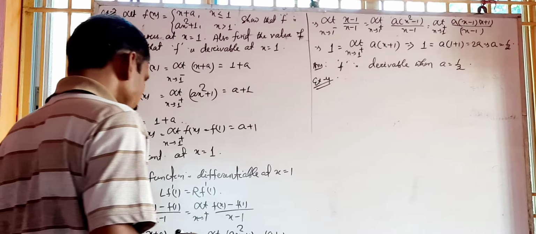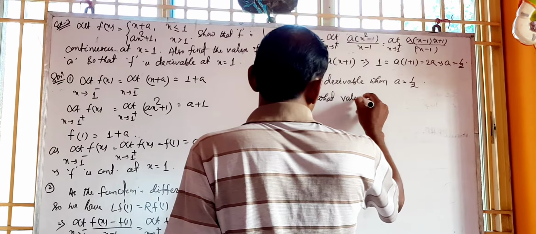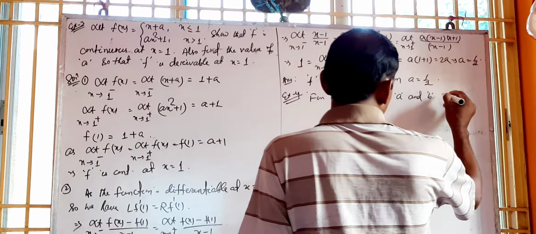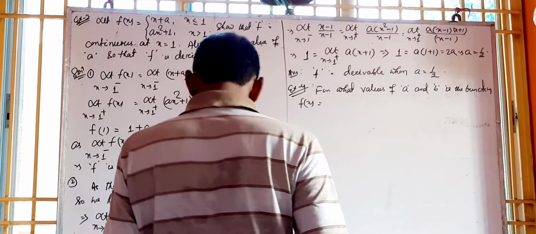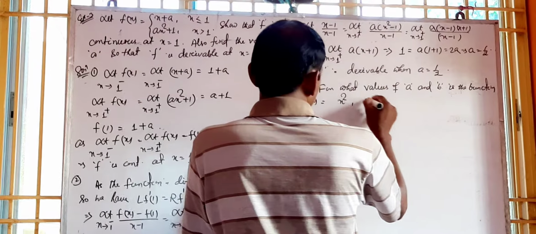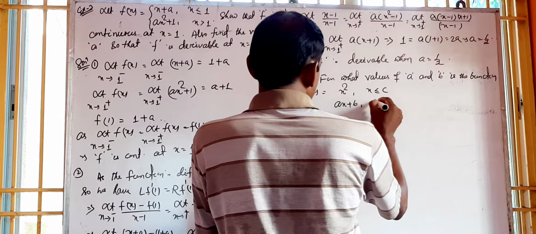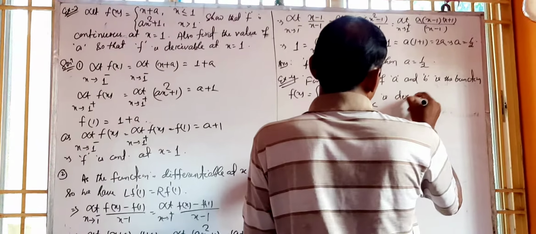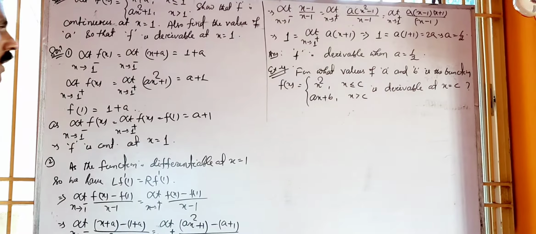Fourth example: for what values of a and b is the function f of x equal to x square when x is less than or equal to c, and ax plus b if x is greater than c, differentiable at x equal to c.